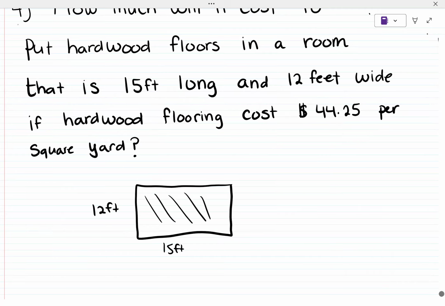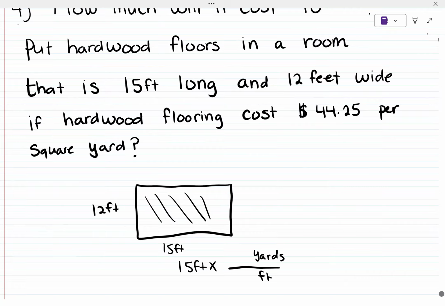So what you've got to do is notice that it's square yard. You've got to convert feet into yards. So that's the first thing we're going to do. We're going to convert everything into yards. So let's start with 15 feet. So 15 feet times feet on the bottom and then yards on the top.